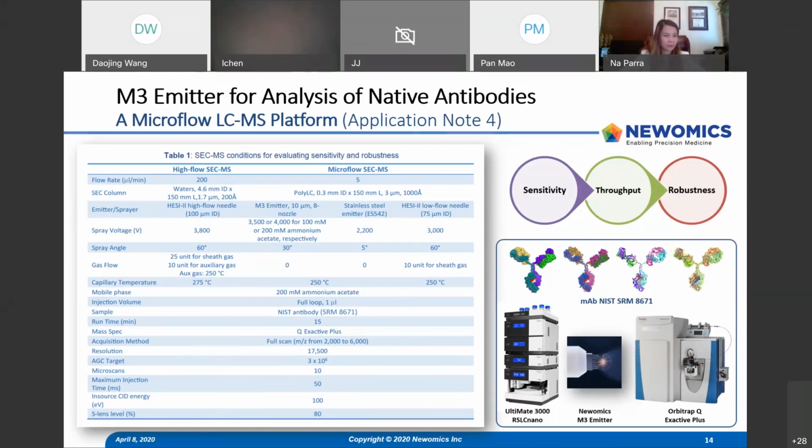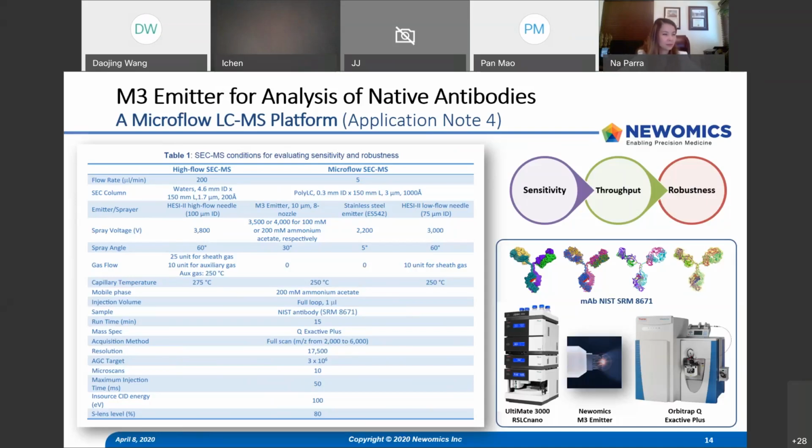For example, Regeneron, they actually tried our emitters for nucleic acid analysis. I don't know what kind of experimental conditions, what kind of fold changes they observed, but it seems to me it works. And we are also working with other customers on different types of molecules.